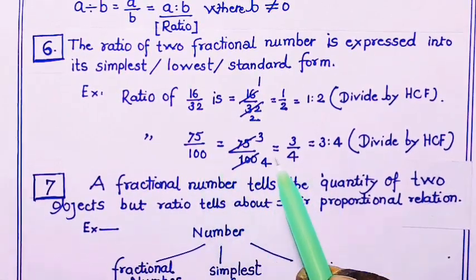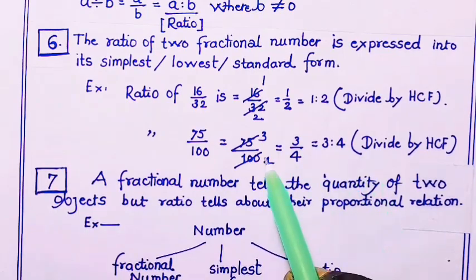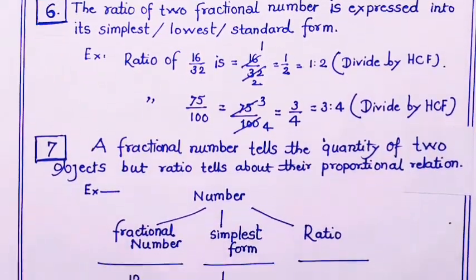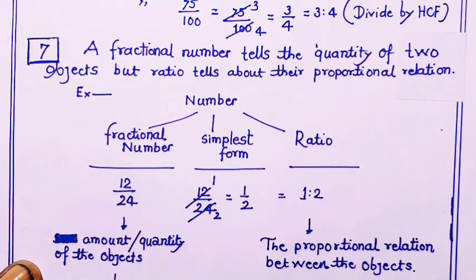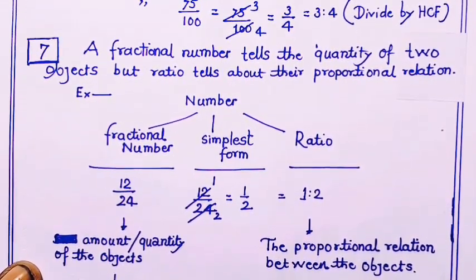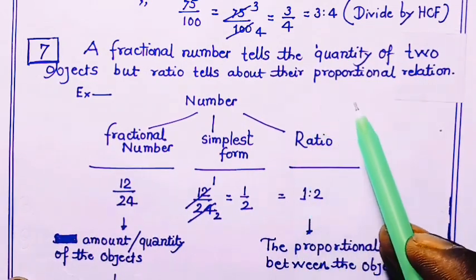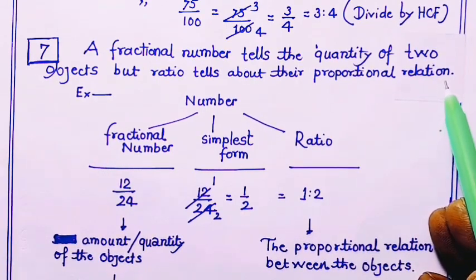And this is the second example you can watch here. Number 7. A fractional number tells the quantity of two objects, but its ratio tells about their proportional relationship.